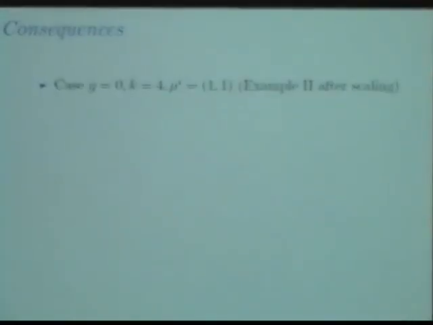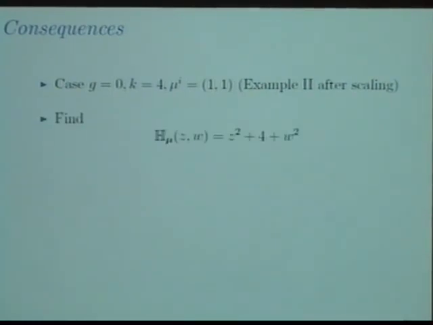Okay, another example, example 2, that was P1 minus 4 points, the case of the cubic surface minus the 3 lines. So in this case, you work through your description of what this H was, and you find that it's E squared plus 4 plus W squared.